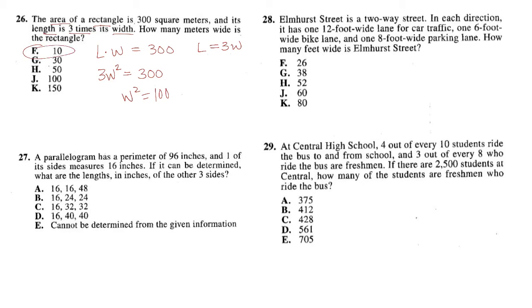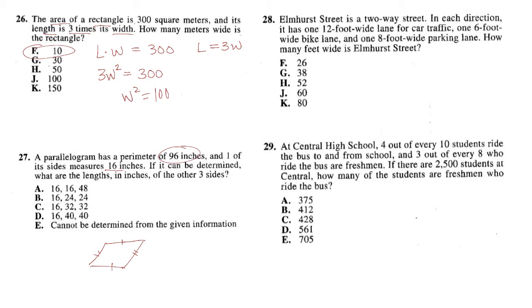Okay. Looking at number 27, we have a parallelogram. And we're told from this parallelogram that the perimeter is 96 inches and one of the sides measures 16. And so here we know that our opposite sides are congruent.